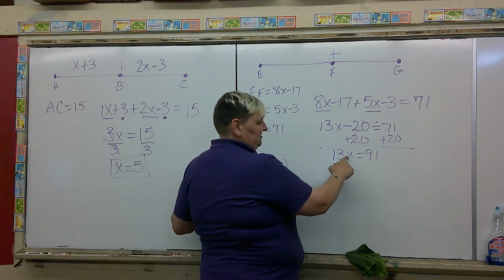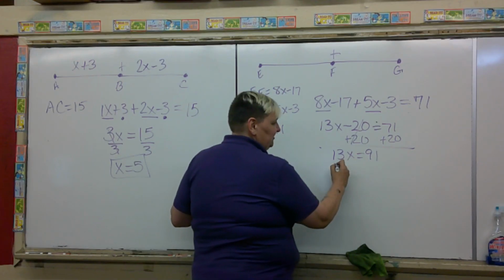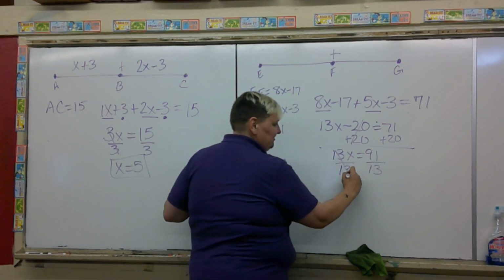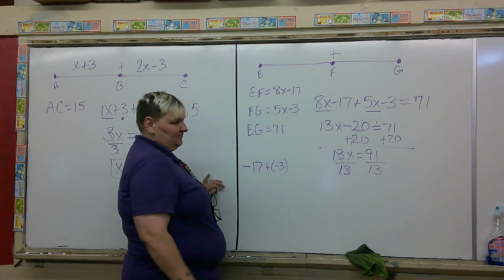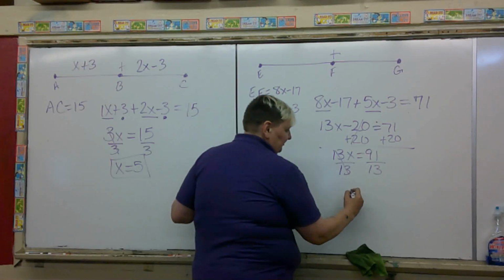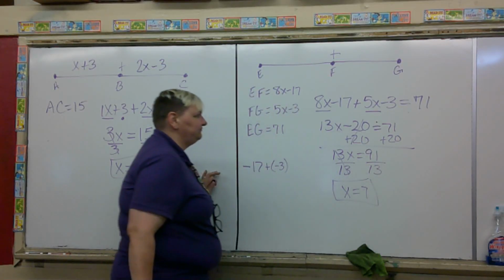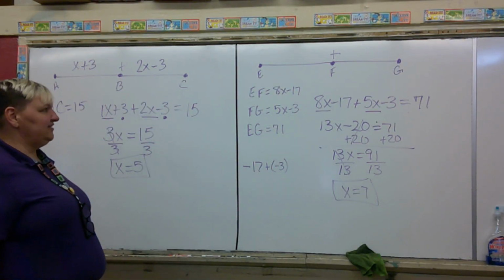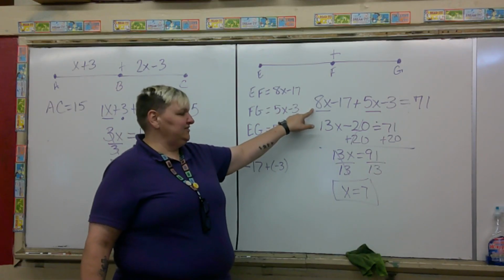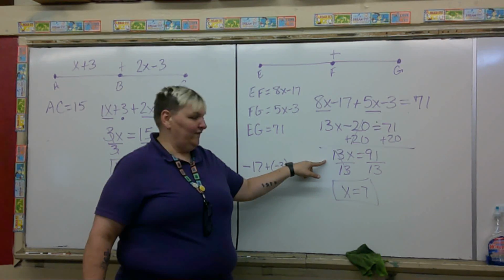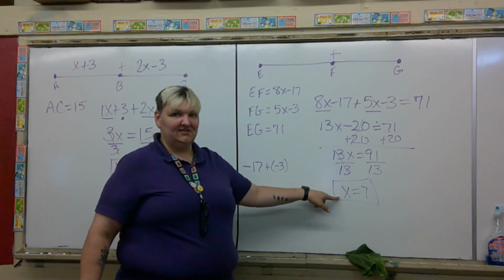This is 13 times x. The opposite is to divide. We're going to divide by 13 to cancel it. 91 divided by 13 is 7. Right? So again, combine your like terms, cancel your constant, cancel your coefficient, box your x.